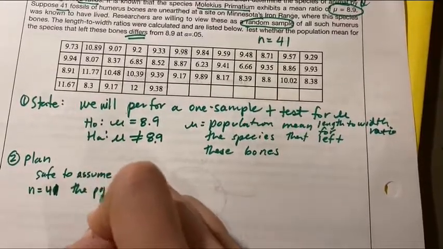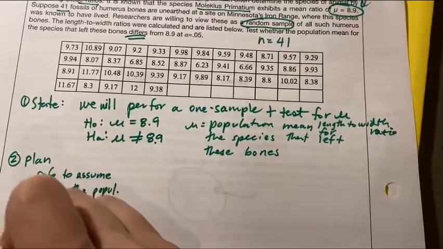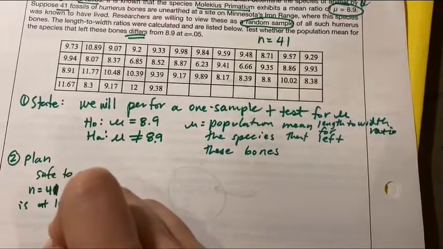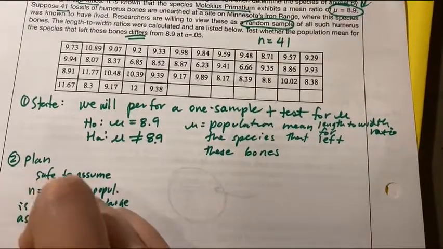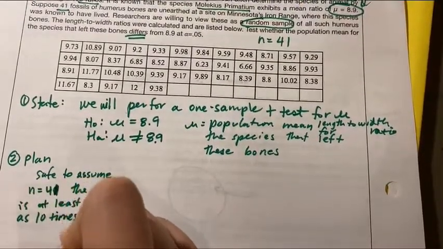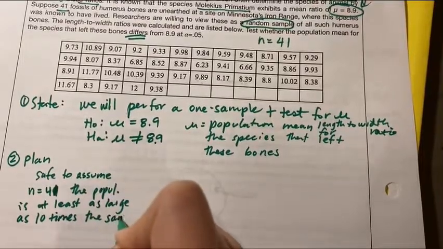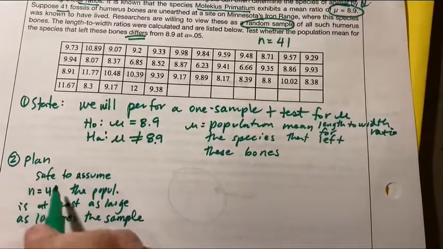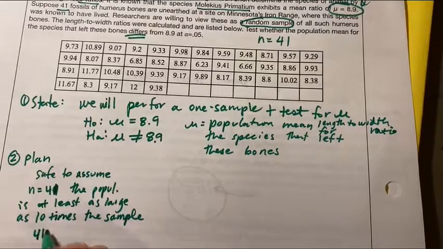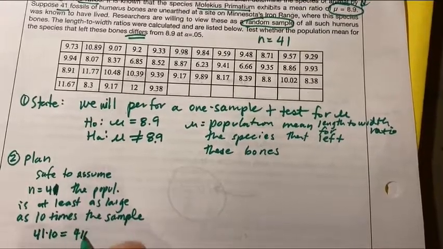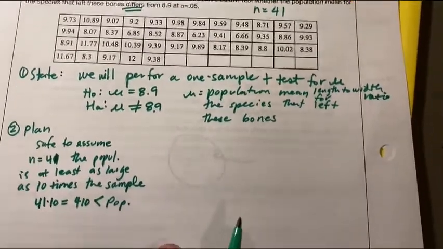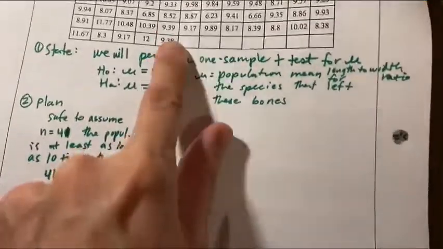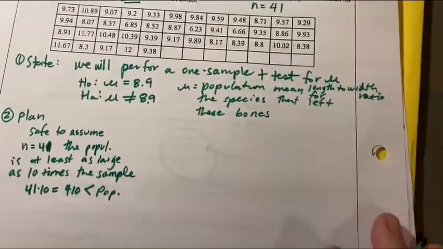The population is at least as large as 10 times the sample size. So 41 times 10 is 410, and we assume the population is much bigger than that. I'd assume there's more than 410 of these types of bones on the planet.